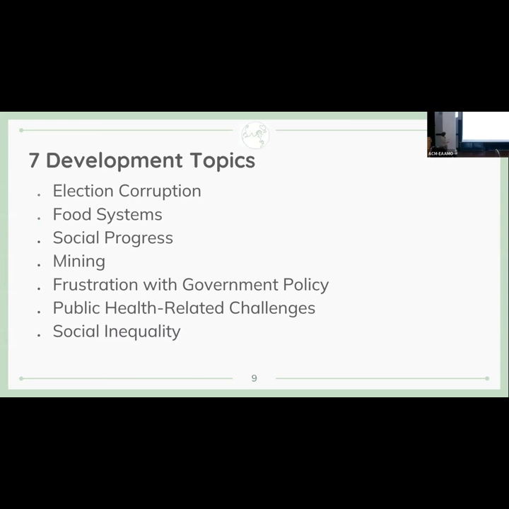For each of the 113 topics, two coders reviewed each topic, and we sampled 50 tweets from each topic and reviewed them one by one, and came up with seven development topics that cover election-related discussions, food, social progress, mining, frustration with government, public health-related challenges, and social inequality.